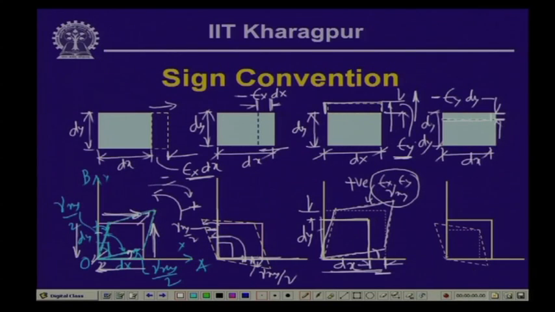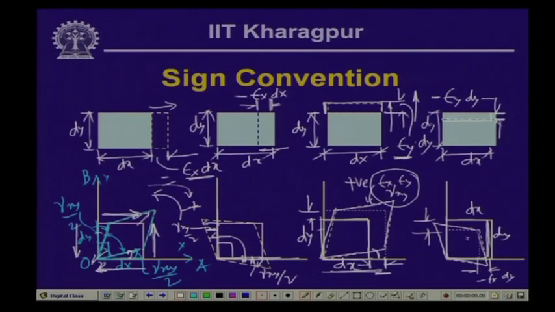Now, in this particular figure again, if we look into this element, which is originally again of length dx and dy, now it undergoes strain, but in the opposite direction, or gets compressed. So, this is the negative epsilon x dx, and again in this particular direction this is the deformation, it gets compressed, which is epsilon y dy, and it has a negative shearing strain, and because of that the angle increases, and when we combine all three strains it takes the shape in this particular form.